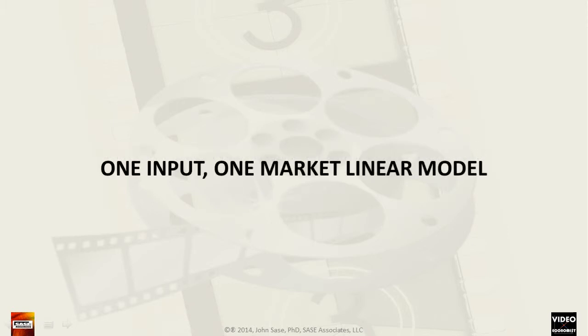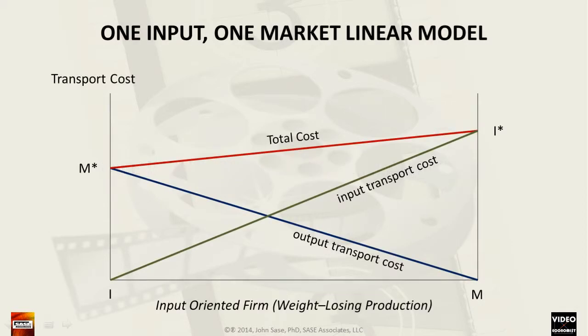In this video, we will develop a one input, one market, mill to port linear model by defining and summing input transport cost and output transport cost to get total cost. We will determine the optimal production location at either the input location, large I, or the market location, large M. Effectively, our choice of an example is an input-oriented firm with weight-losing production.